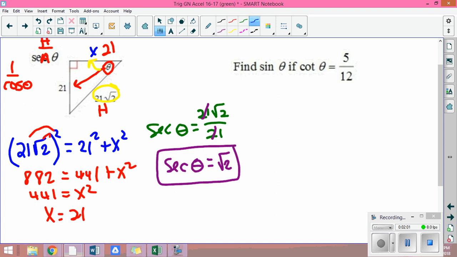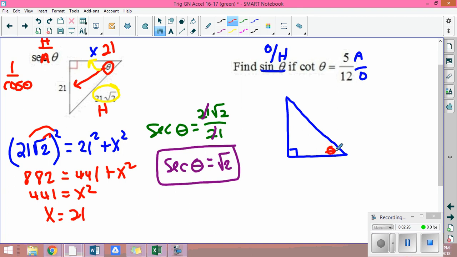If we give you a trig ratio, we've given you enough to draw the triangle and then find the missing parts. So for sine, we are going to need opposite over hypotenuse, but we know cotangent, which is adjacent over opposite. So draw your triangle. Let any angle you want be theta. So the adjacent side is 5, the opposite side is 12.